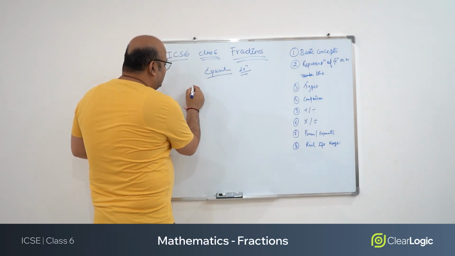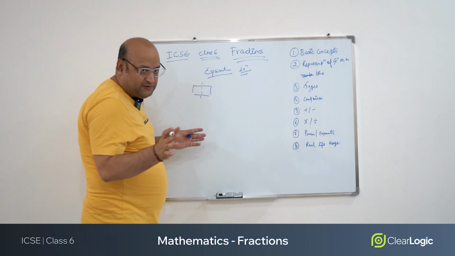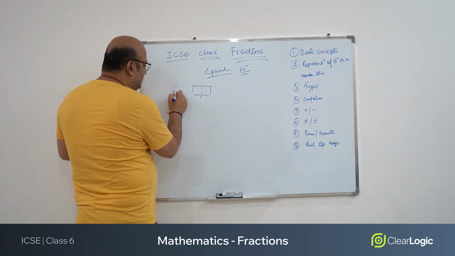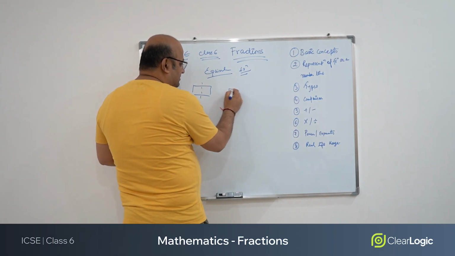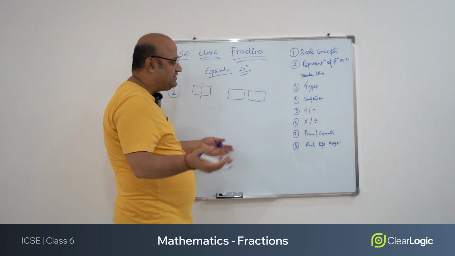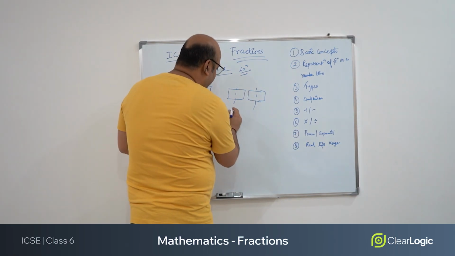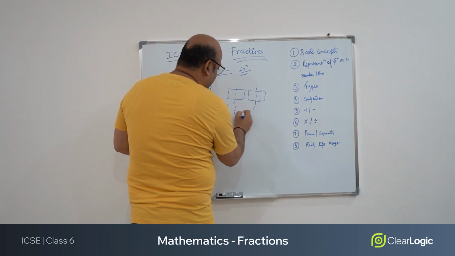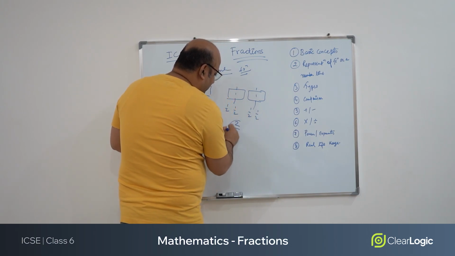For example, I have one chocolate and I'll give it to two people, that is half, each of them will get half, right? Now I have two chocolates, one here and one here, and I'll give them to 4 people. Obviously, I'll cut this here, cut this here and provide to everyone, right? So this will be half, half, half and half, or we can say that this is 2 by 4.